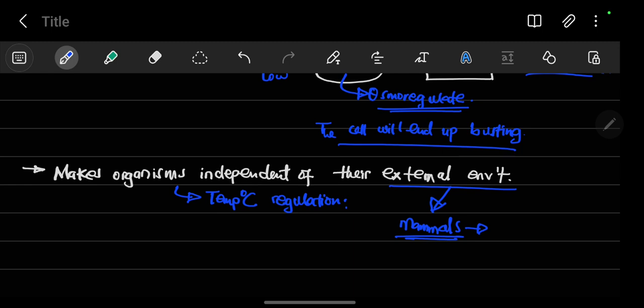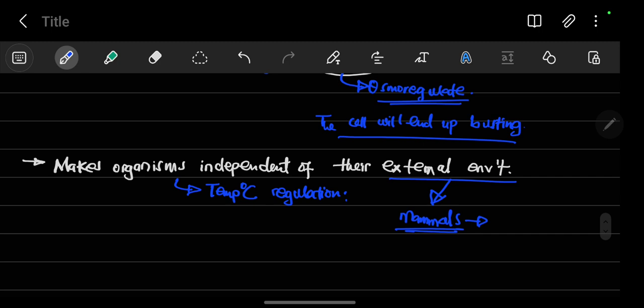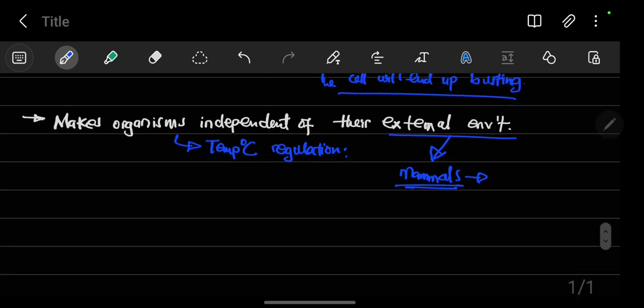That's why in the North Pole or the South Pole, where we know very well that those regions are too cold, you find that there are some mammals living there, the polar bears. Those organisms are surviving within those regions. Why? This homeostasis is making these organisms independent of the external environment, so they can still survive there.